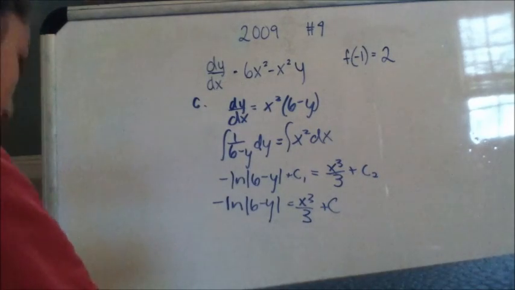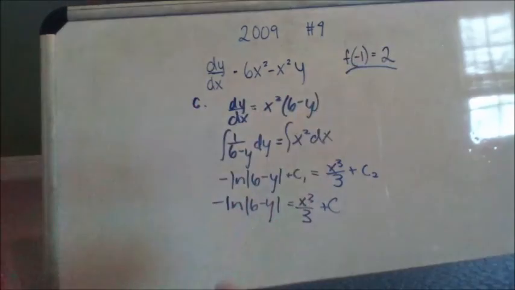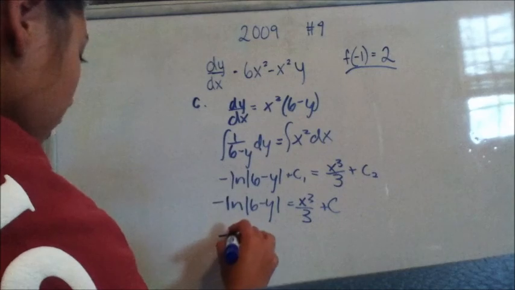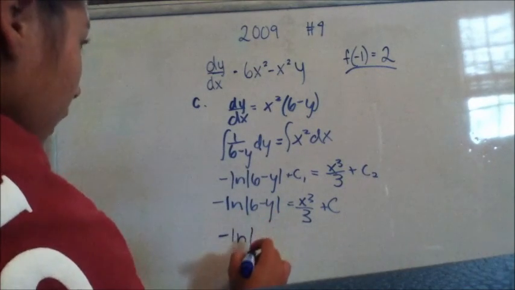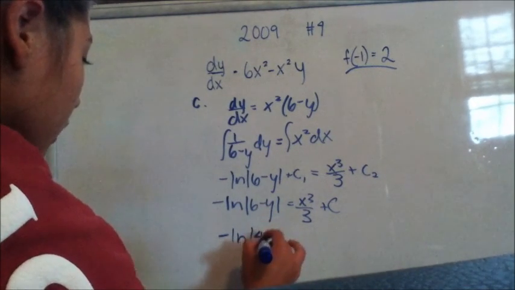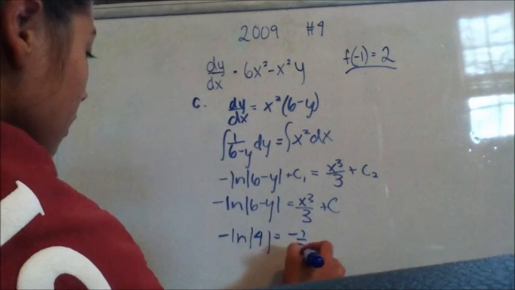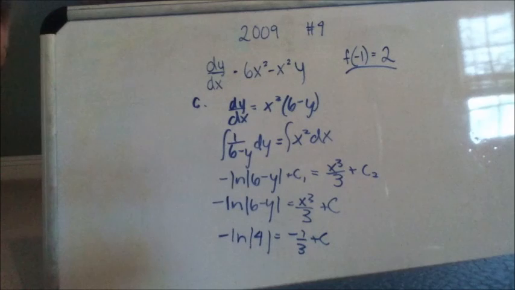And now we want to use our initial condition to find the value of c. So we can plug in negative 1 and 2, negative ln of 4 equals negative 1/3 plus c.